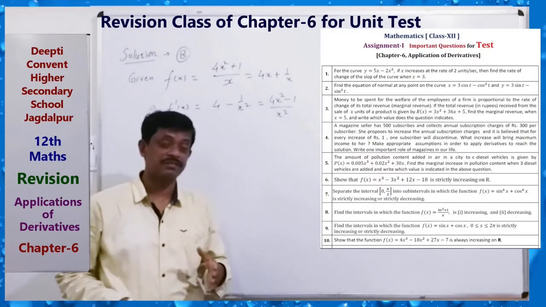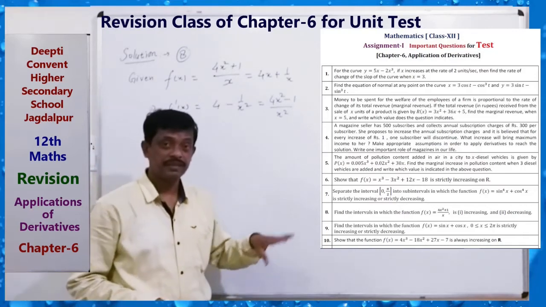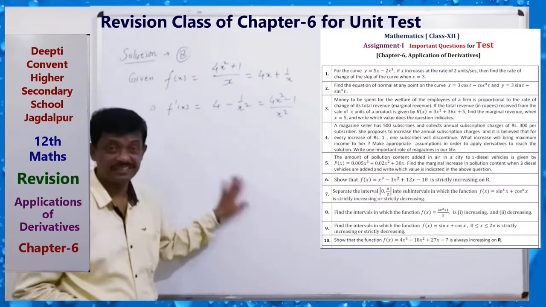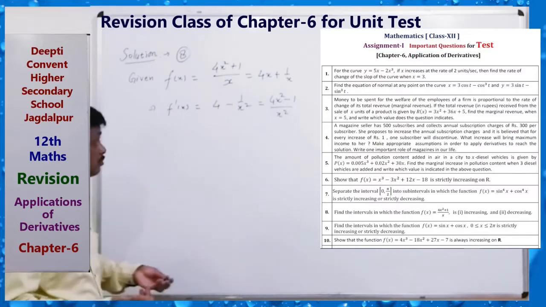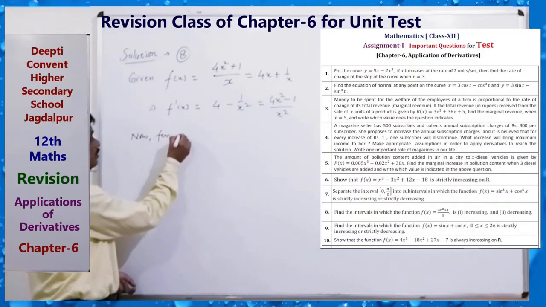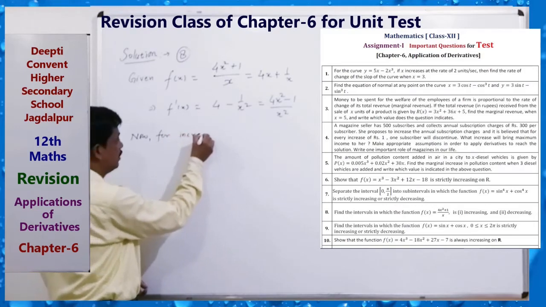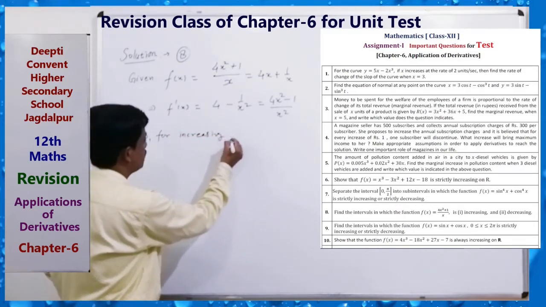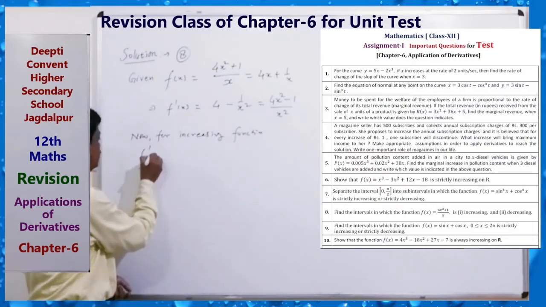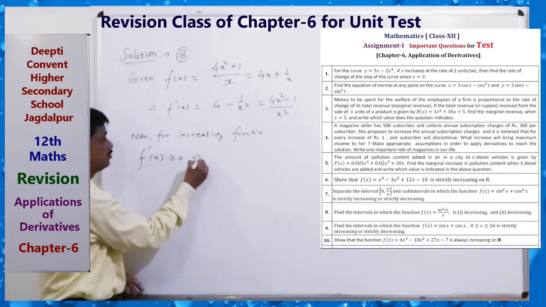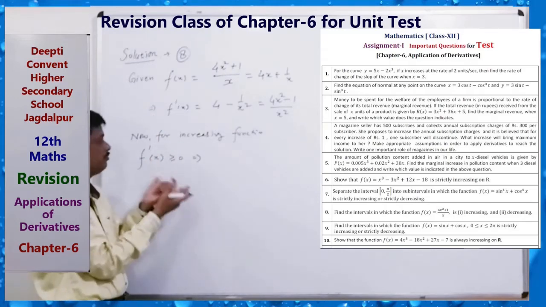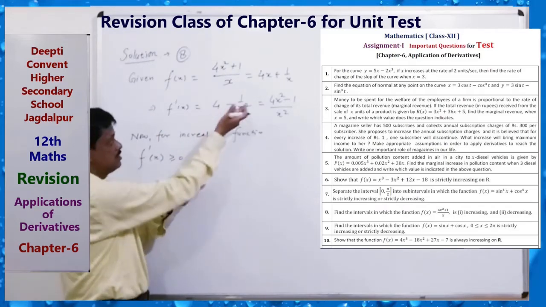We have already studied finding solutions of inequalities in class 11, so we can use that method directly. For an increasing function, f'(x) is greater than or equal to 0. That is, if f is increasing, then f'(x) is greater than or equal to 0.